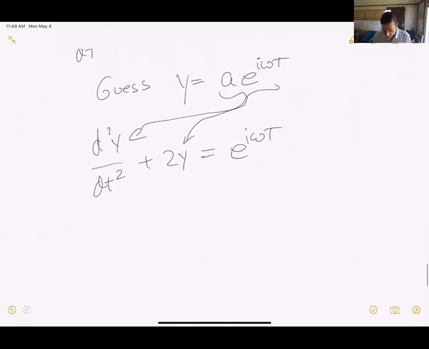Okay, so what is the first derivative? What happens when you take the derivative once? Or just jump to it. Just tell me the second derivative. What's the second derivative there?